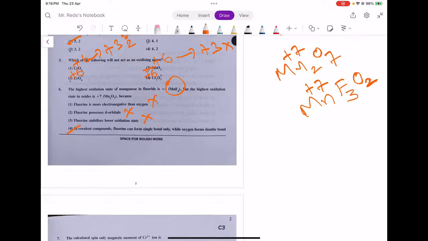Why? Because in covalent compounds, fluorine can form single bonds only. Fluorine valency is -1, so fluorine can form a single bond with the transition metals, while oxygen forms double bonds.